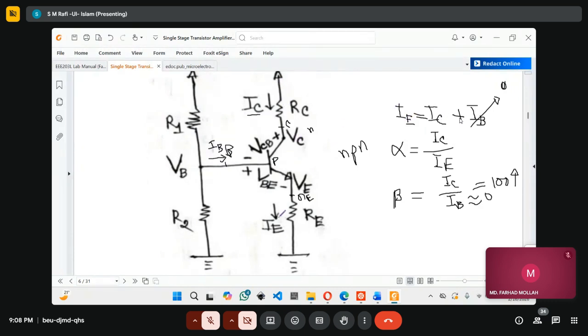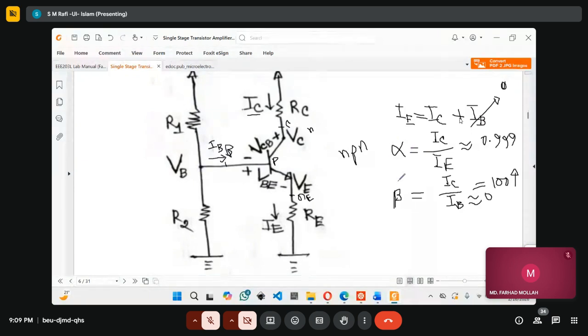Whatever current flows through the collector is almost equal to the current flowing through the emitter. So IE and IC are almost equal. That's why alpha is really close to 1, in some cases 0.999 or 0.99. These are typical values, just approximations. Do you understand these relations?